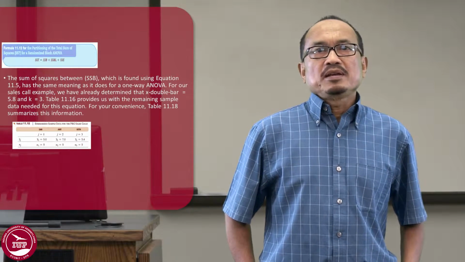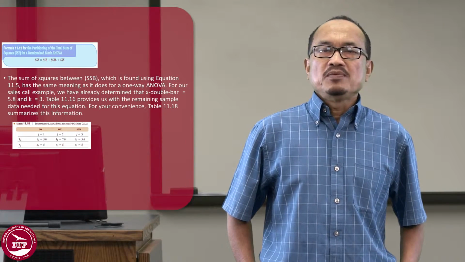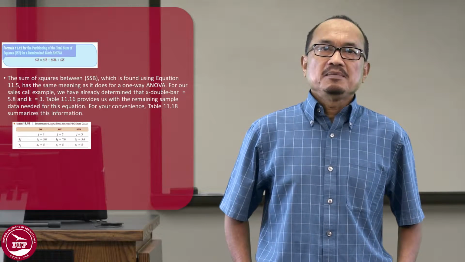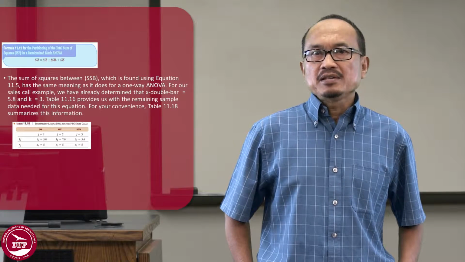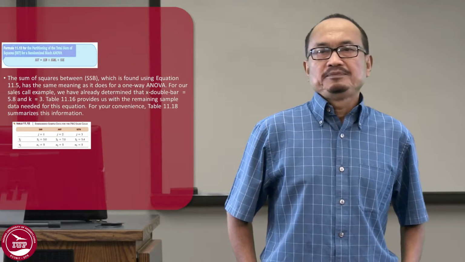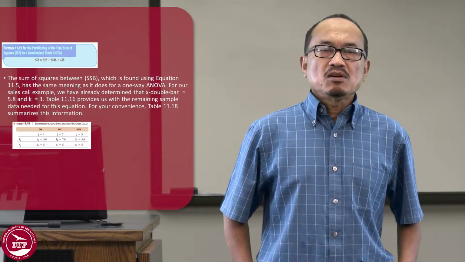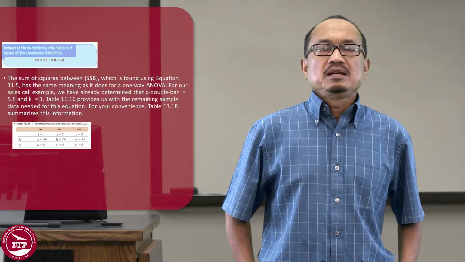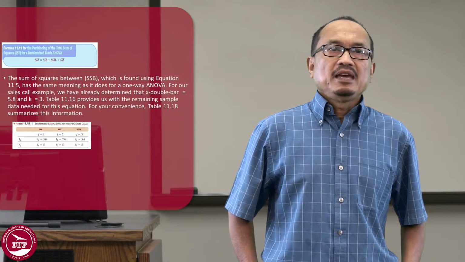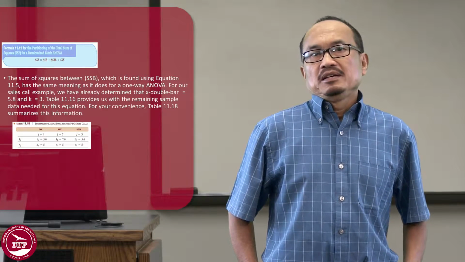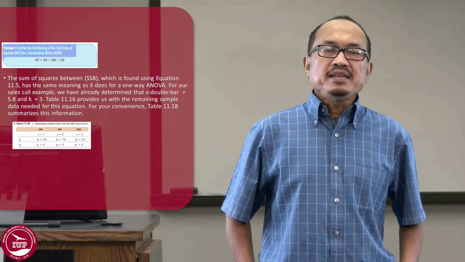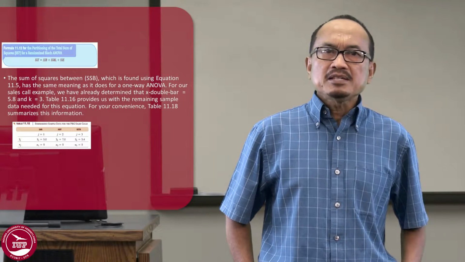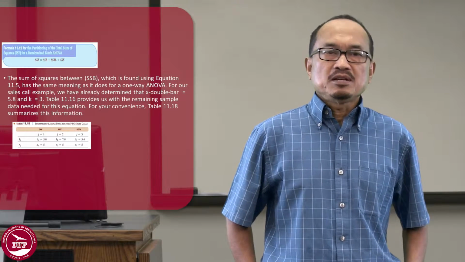The sum of square between SSB, which is found using equation 11.5, has the same meaning as it does for a one-way ANOVA. For our sales call example, we have already determined that X double bar is equal to 5.8 and K equal 3. Table 11.16 provides us with the remaining sample data needed for this equation.